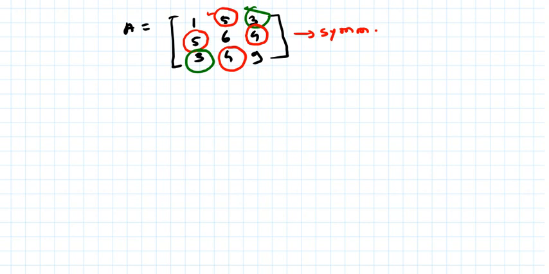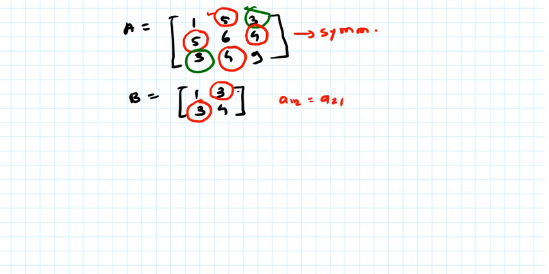One more example: 1 3, 3 4. There is no restriction on the diagonal. Here this is entry A12 and this is entry A21, and they are equal, so it is a symmetric matrix. One more example: 2 3 2, 5 4 3, 1 6.